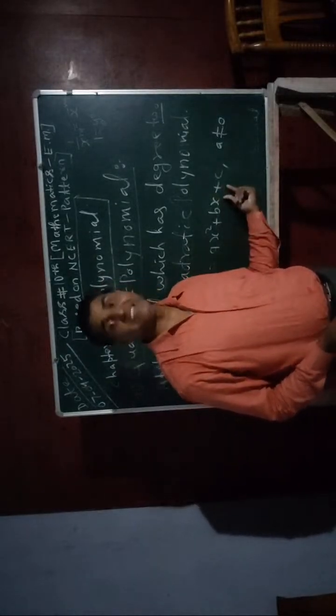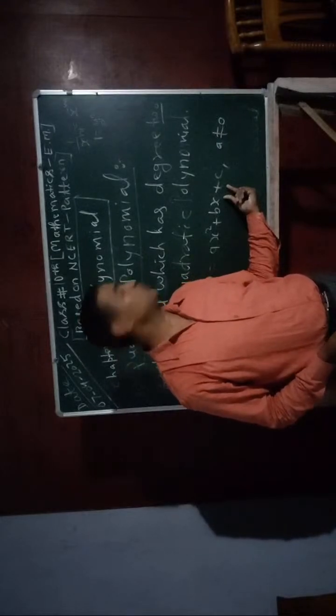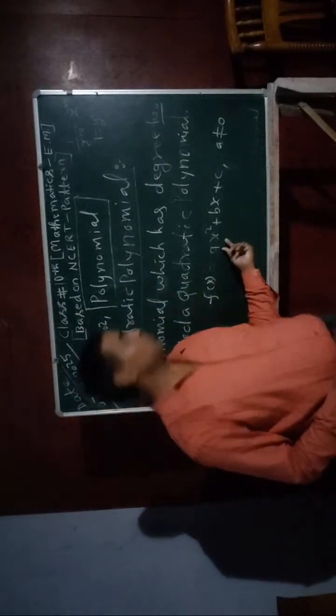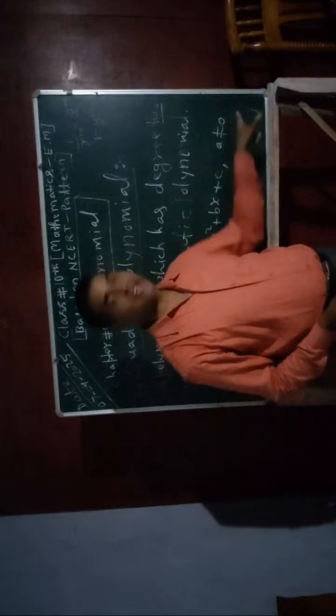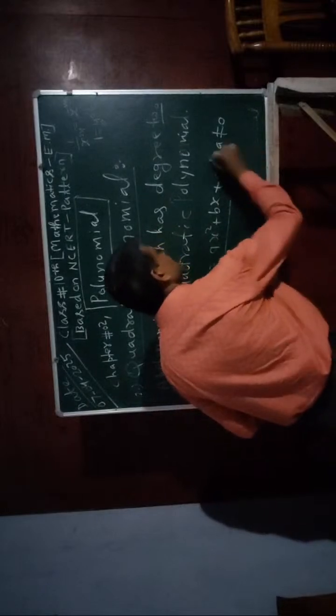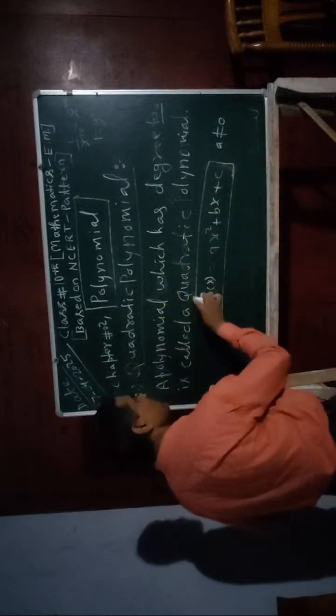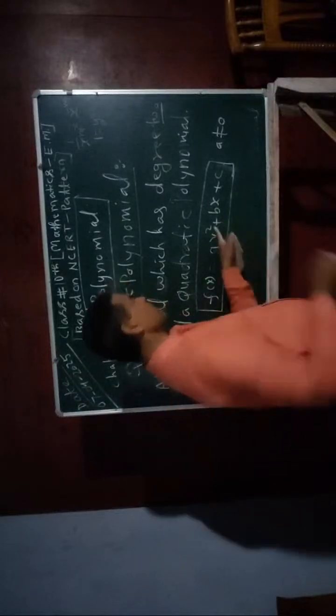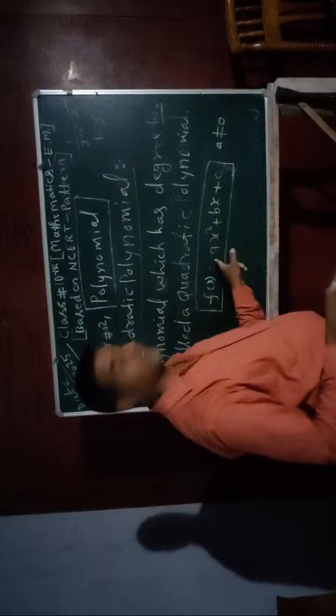This will become a linear polynomial. But here I have to explain quadratic polynomial, therefore a cannot be 0. Okay student, so this is a general polynomial. It has maximum power 2. This is a variable x and it has maximum power 2. So this is a quadratic polynomial.